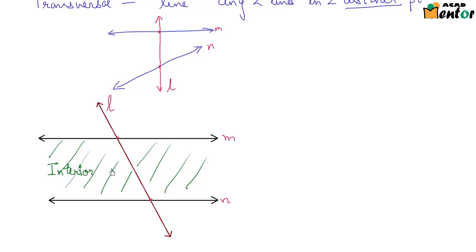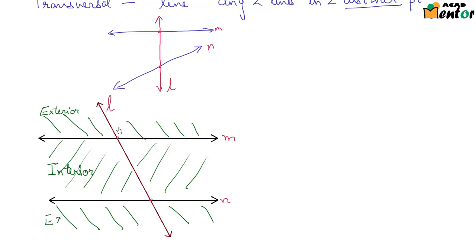Interior, because this is between M and N. While the region here, also here, is exterior. And this one is also exterior. So the region between M and N is interior, while those outside that are exterior.